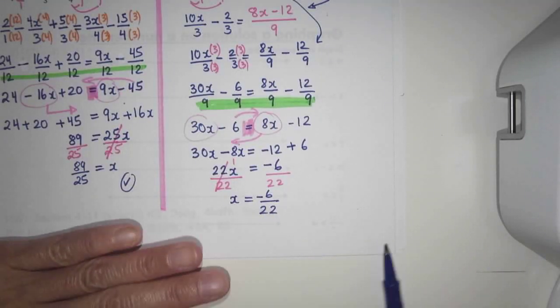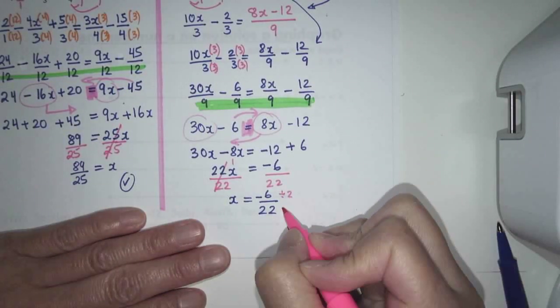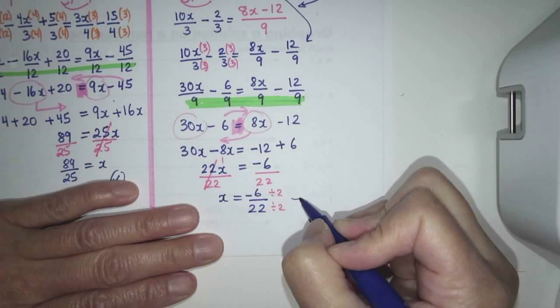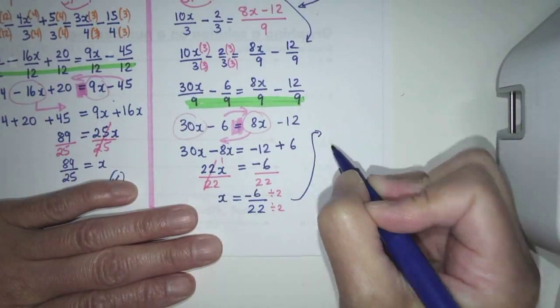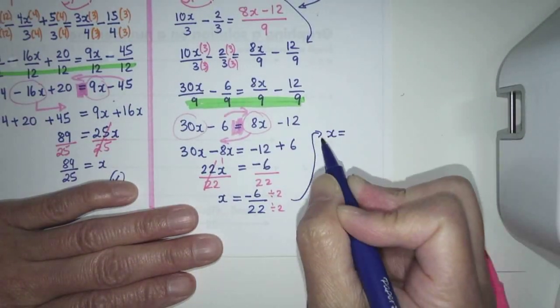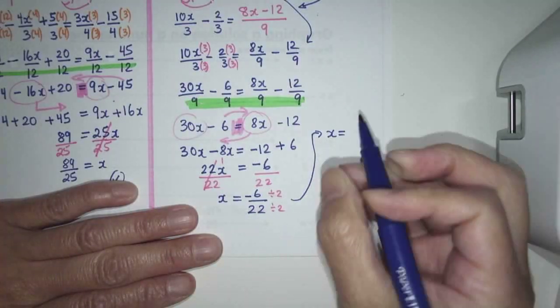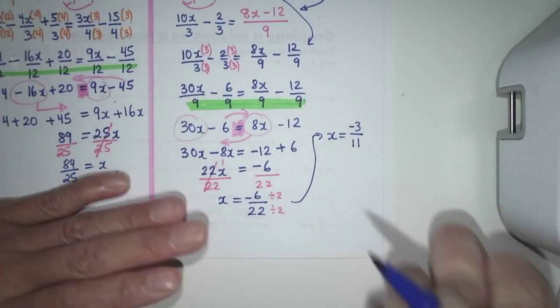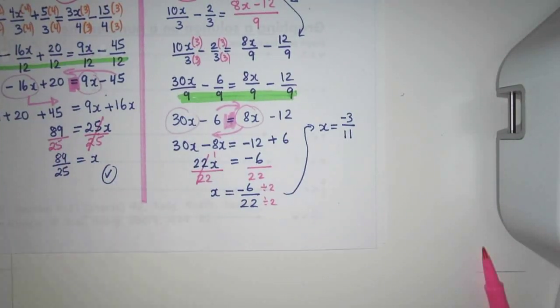If a fraction is 6 and 22, you know that you can divide the top and the bottom by 2. Yes, you have to do this. If you run out of room, remember big sweeping arrow and start a new column. X equals, and that'll be negative 3 over 11. Oh, I don't have any more steps, but that's okay.